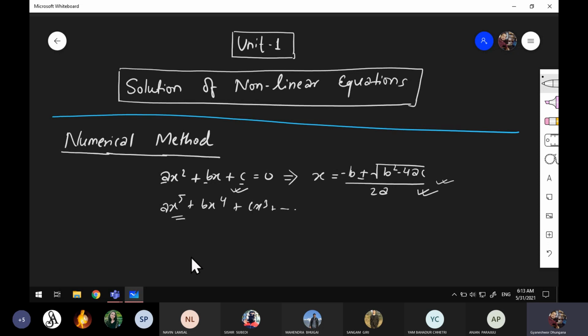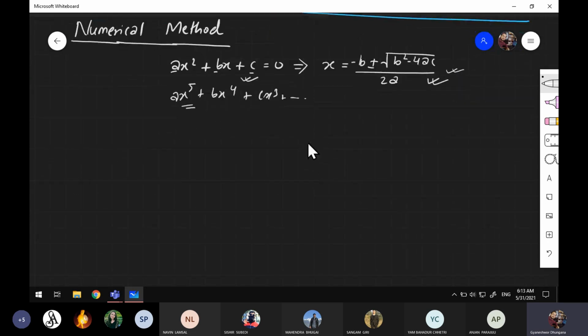Okay, so numerical methods can be applied basically in two cases. Okay, in two cases numerical approach or the numerical method may be suitable. The first is, we cannot solve the problem analytically.